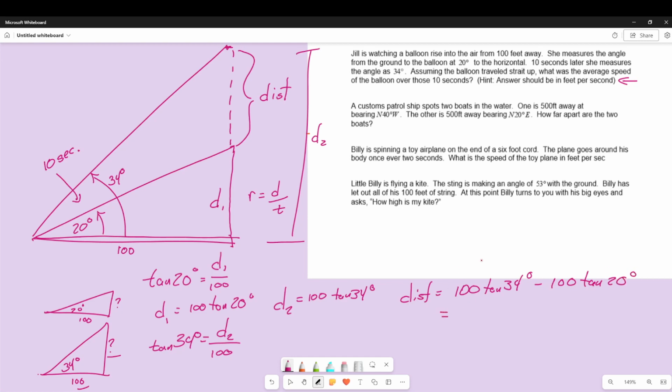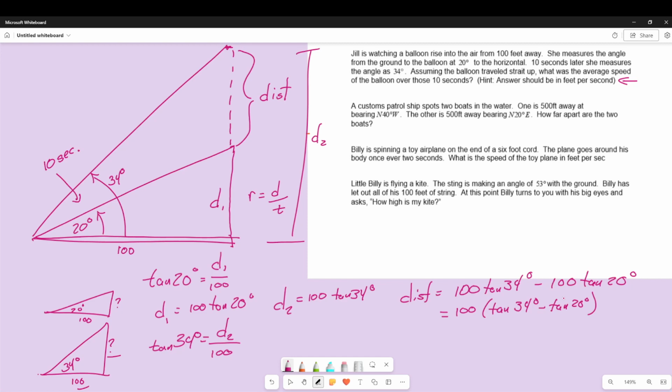Now again, that's an exact answer. Heck, we could even factor out the 100 if you wanted to write it that way. And be careful, don't think you're going to turn that into tangent of 14 degrees. We know that doesn't work, however tempting it might be.